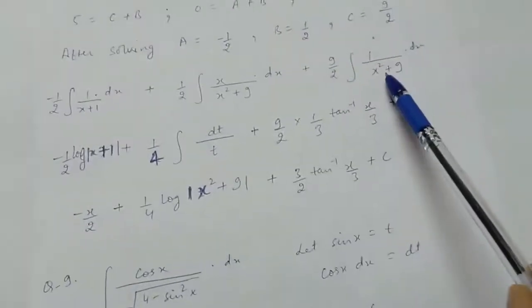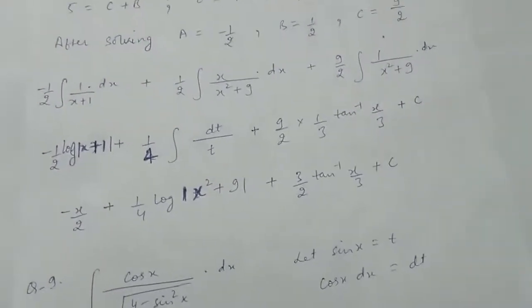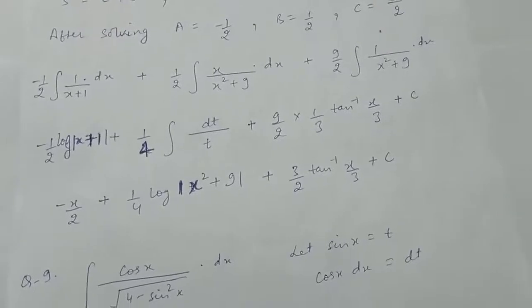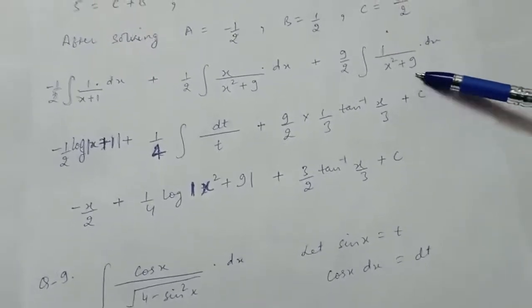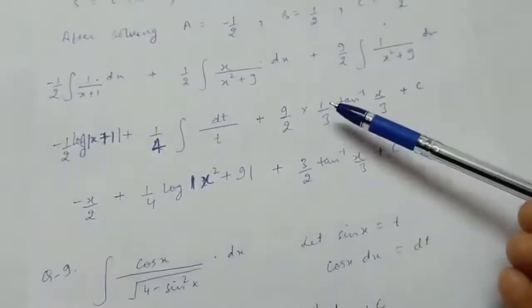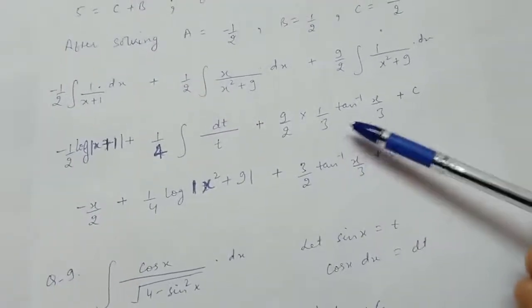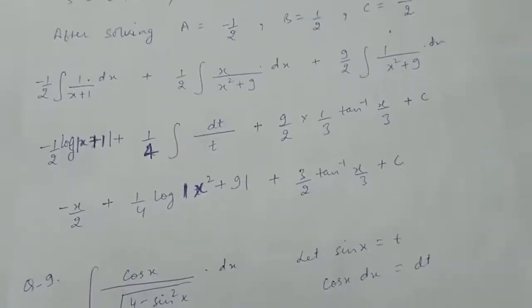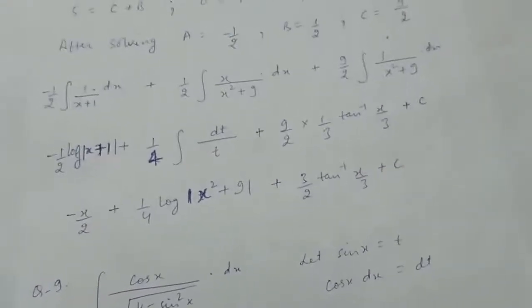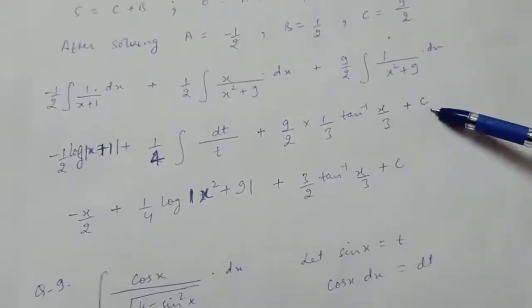Now here apply the formula of integral of 1 upon x square plus a square. A here will be 3 because it is x square plus 3 square. So the formula will be 1 upon a, that is 3, into tan inverse x upon a, and a is 3. So you will get 1 by 3 tan inverse x by 3 plus c.